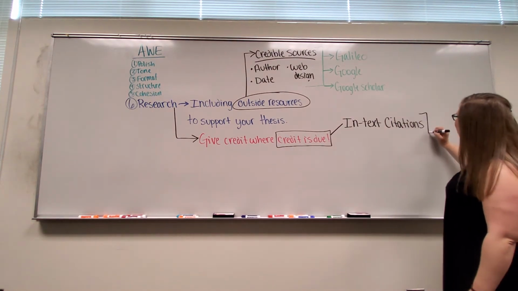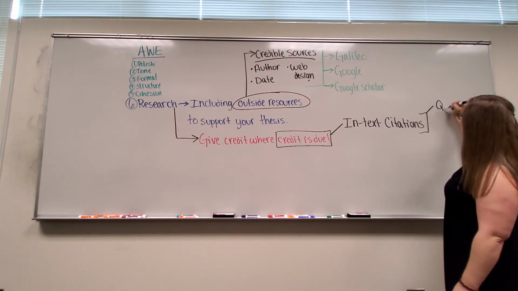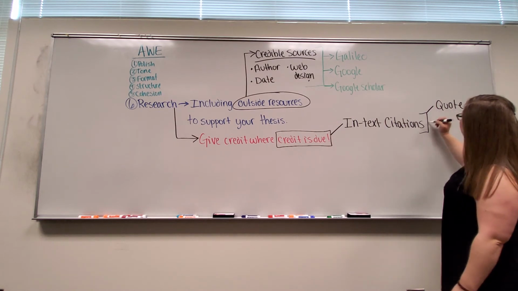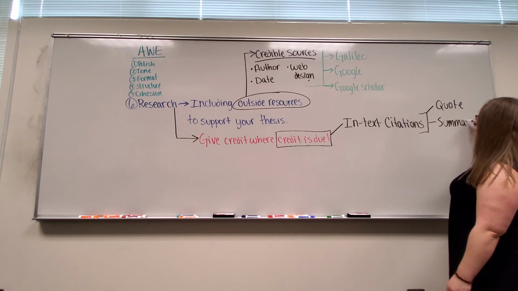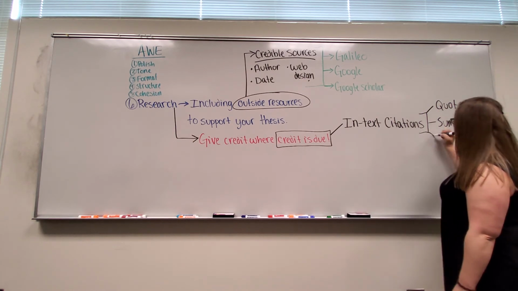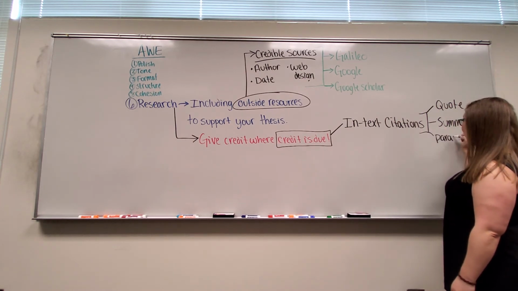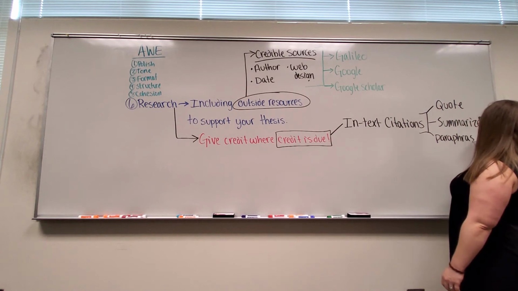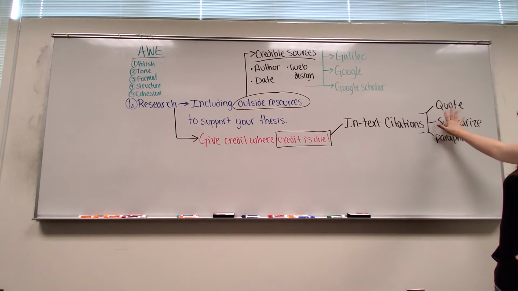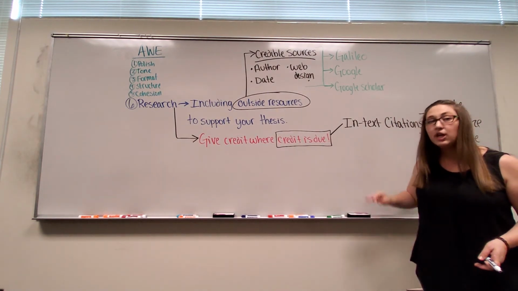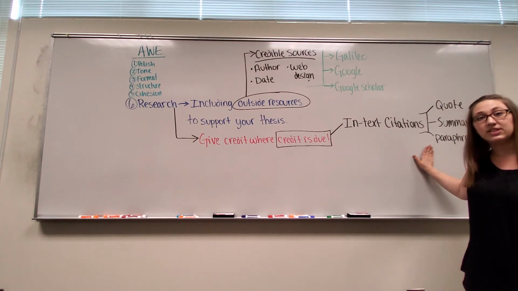But your in-text citations might be a direct quote. Maybe you summarize what someone said, or what a lot of you already do, paraphrase. Now, there is a lecture, there is a PowerPoint that covers this information in detail. So make sure you review it so you know exactly what these are.